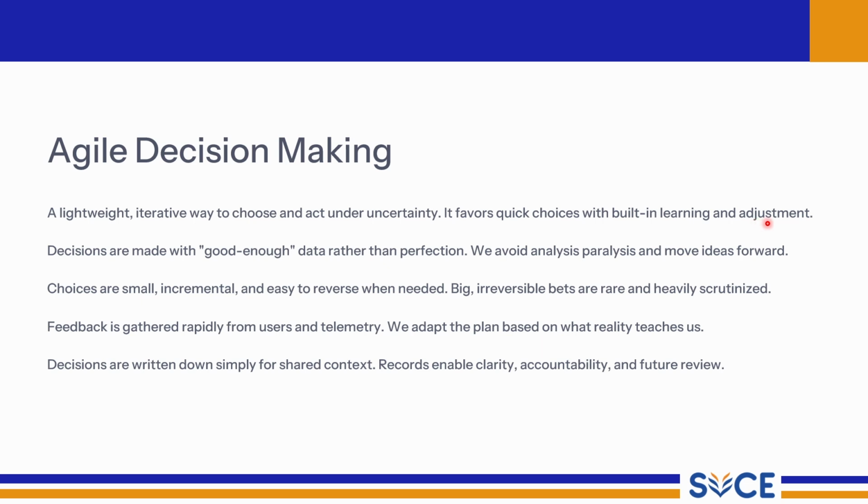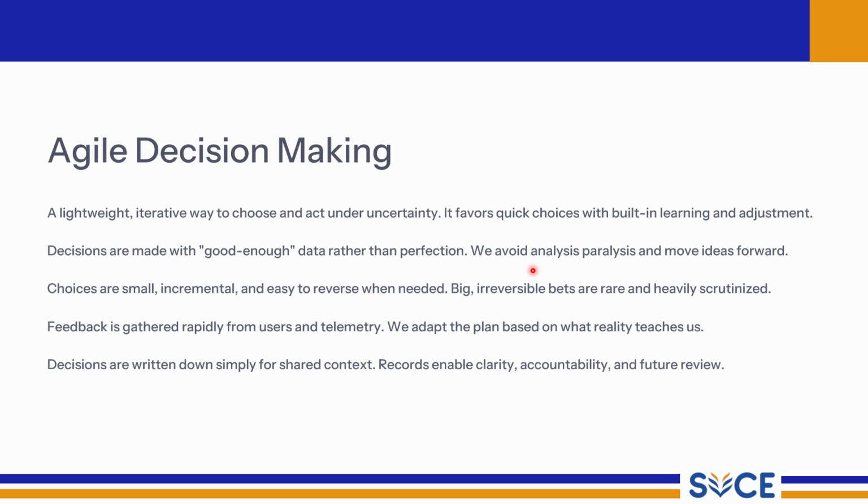So, agile decision making is about moving fast with small, safe steps. Learn, adjust, and keep going instead of waiting for perfect certainty. That is, decide fast, learn faster. Our decisions are made with good enough data rather than perfection.